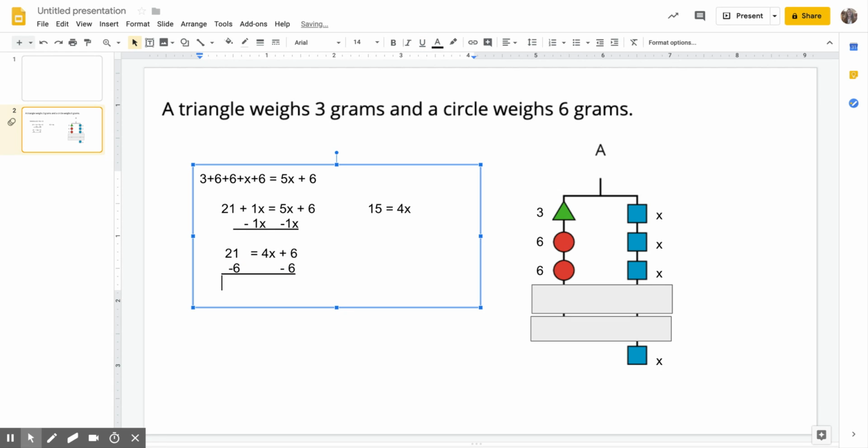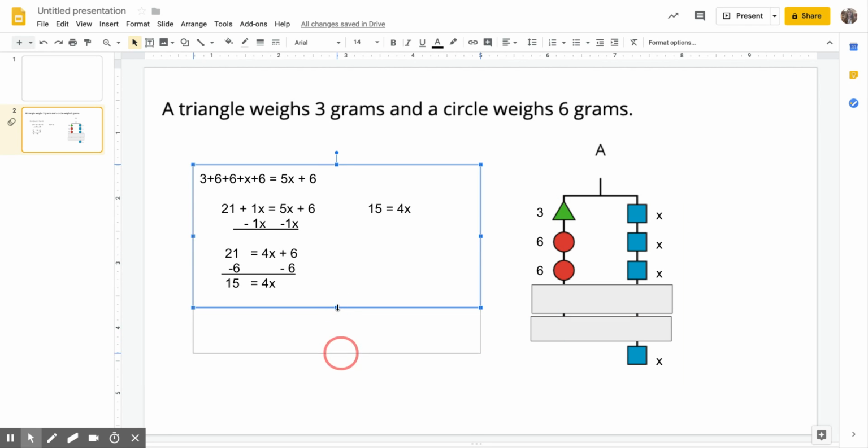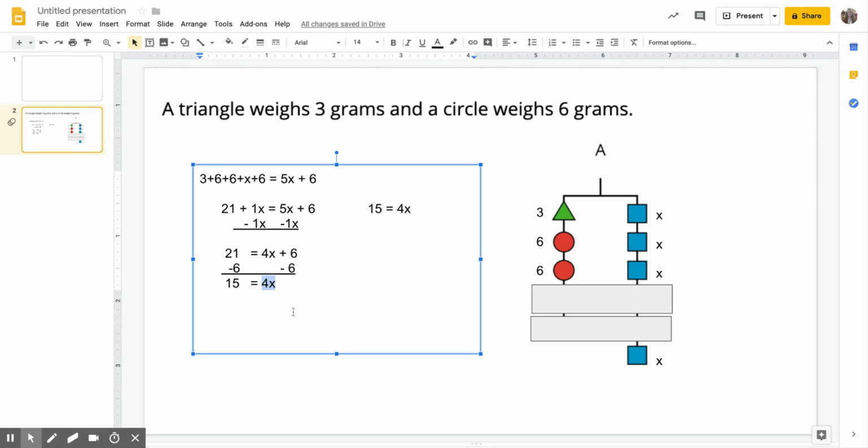So I end up with 15 equals 4x, and now I just need to divide by 4 on both sides to get my x by itself.